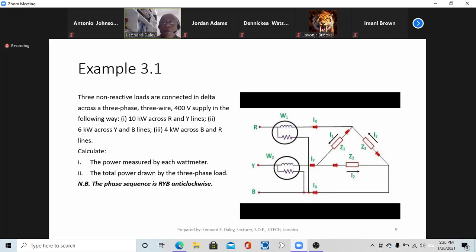So 10 kilowatts across the red yellow lines, 6 across the yellow blue lines, and 4 kilowatts across the BR lines. We should calculate the power measured by each watt meter and then the total power drawn by the 3-phase load. All right. I put this point here in bold, but I won't necessarily always put that, because I will assume that you know that we're operating in this sequence: red, yellow, blue, anti-clockwise.